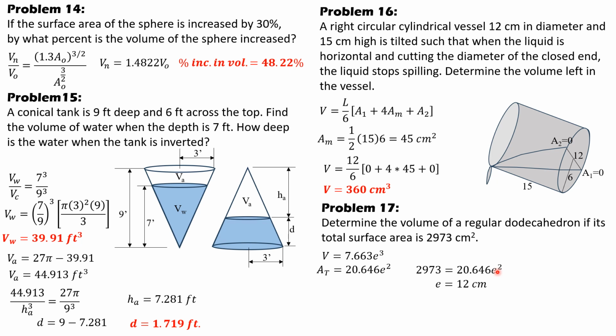So solving for E, E is 12 centimeters. Substitute into this formula. So volume equals 7.663 times 12 cubed. So volume is equal to 13,242 cubic centimeters.